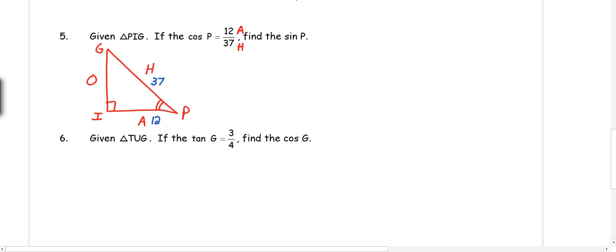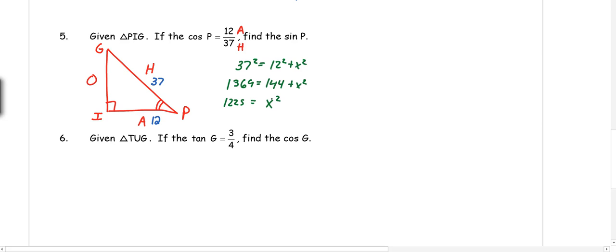I need to find the sine. In order to find the sine, I first need to know what my missing side length is. So I'm going to set up Pythagorean theorem. 37 squared equals legs squared plus legs squared. We get 1,369 equals 144 plus x squared. Subtract 144, and we get 1,225 equals x squared.